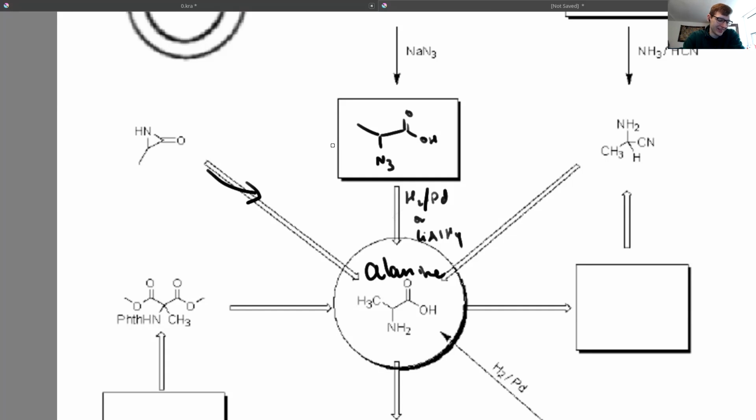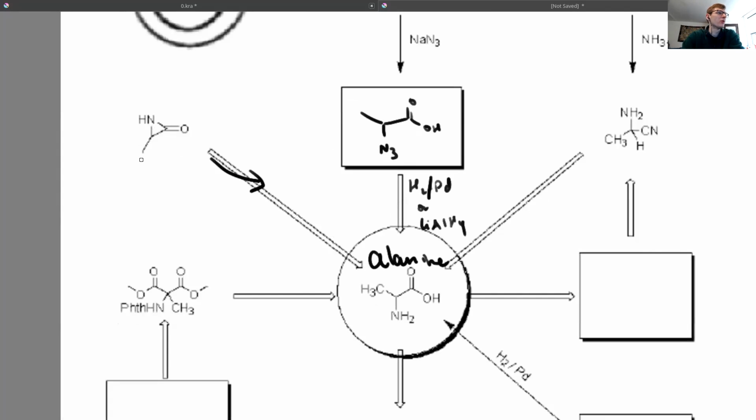Yeah, I get it. Well, what are we working with, right? We have this part, we have the NH, we have the carbonyl. It's just here they're connected.